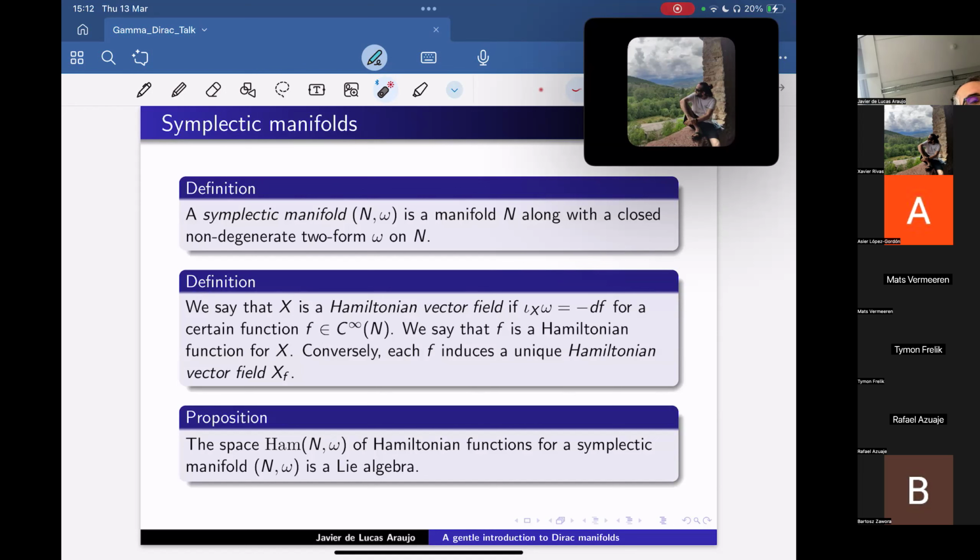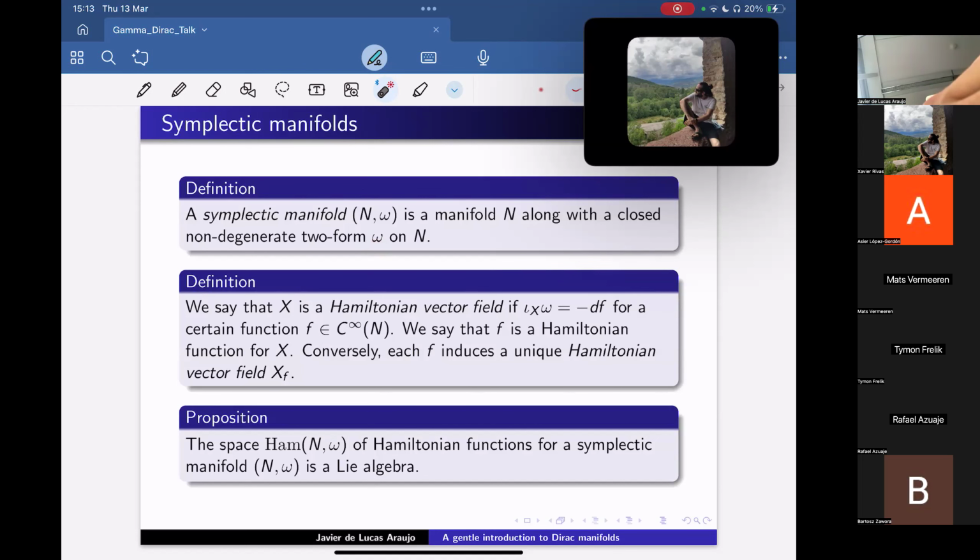So recall that a symplectic manifold is nothing but a manifold N along with a closed non-degenerate two-form omega on the manifold N. There are several ways to understand that this is non-degenerate.